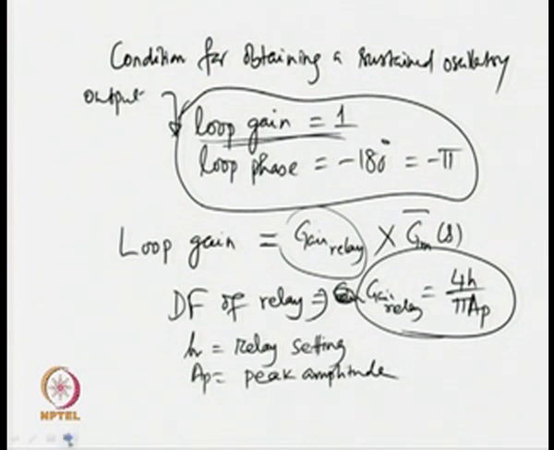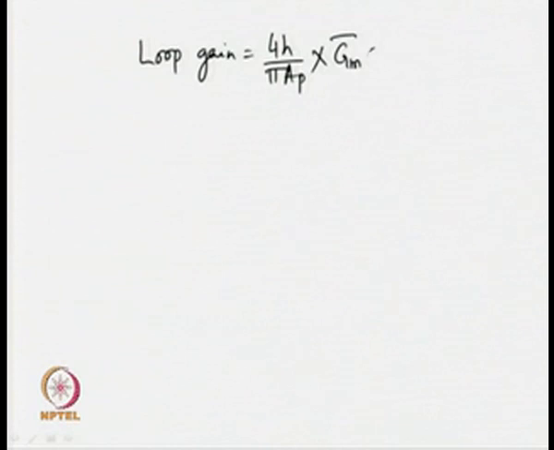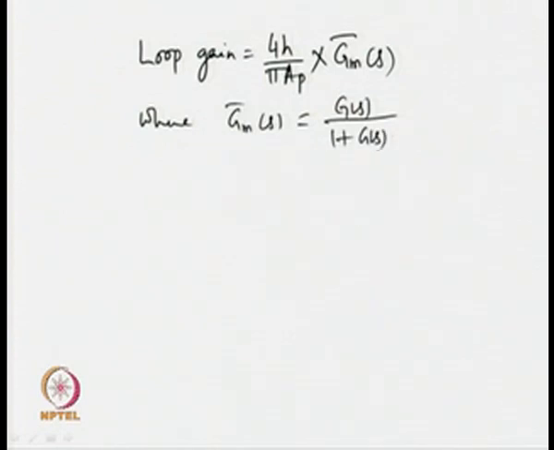Now, I will go to the expression for loop gain. So, thus we have found that the loop gain is equal to the gain of the relay, which is 4H by pi AP, times GM bar S, where GM bar S is found to be G(S) upon 1 plus G(S) and GC(S).